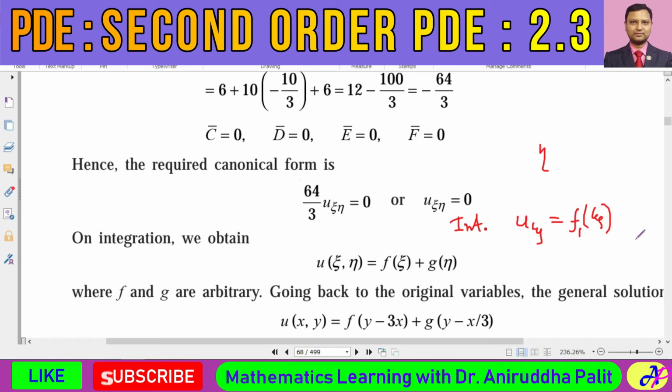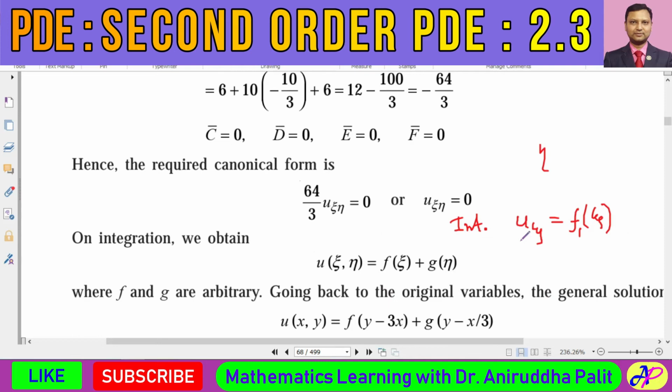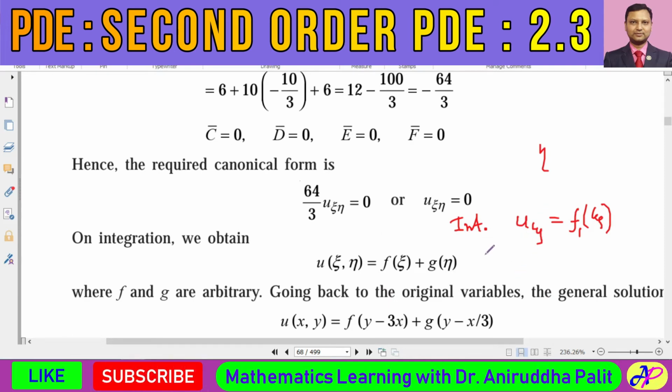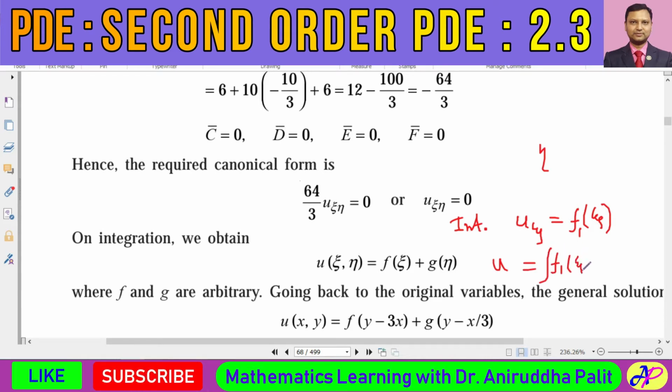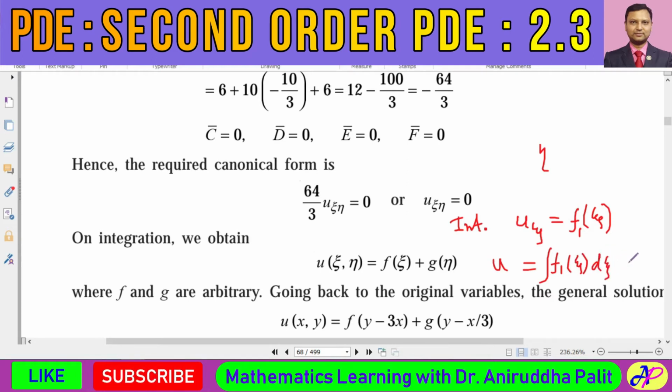Now if we want to integrate it with respect to this xi, in that case, after integration again, we shall have u is equal to the integral of this function f1 with respect to this xi plus a certain quantity which does not depend upon this xi.